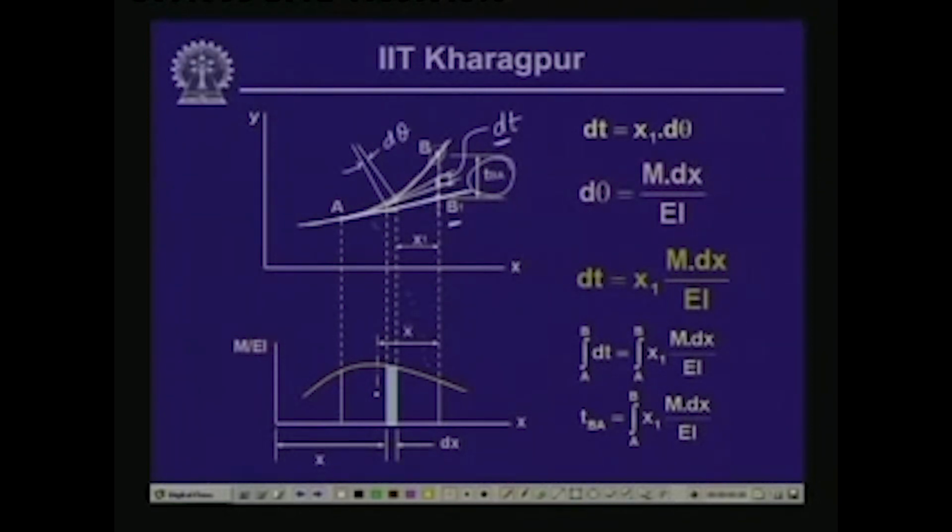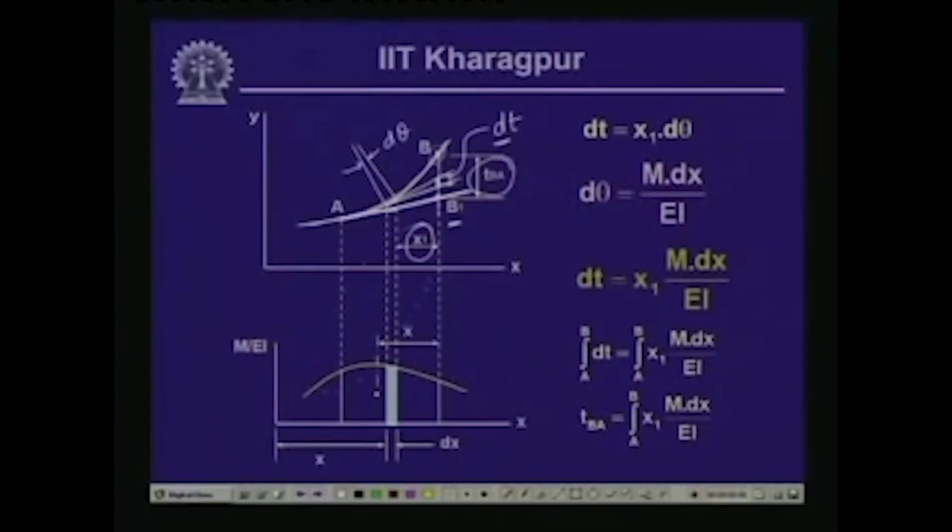And since this deflection is small, the slope is small, so along the axis of the beam, the distance of the strip ds from B, which is x1, we assume that the length dt can be computed in terms of this x1. Now, as we have seen, if this angle is d theta, this angle also is d theta between the 2 tangents.